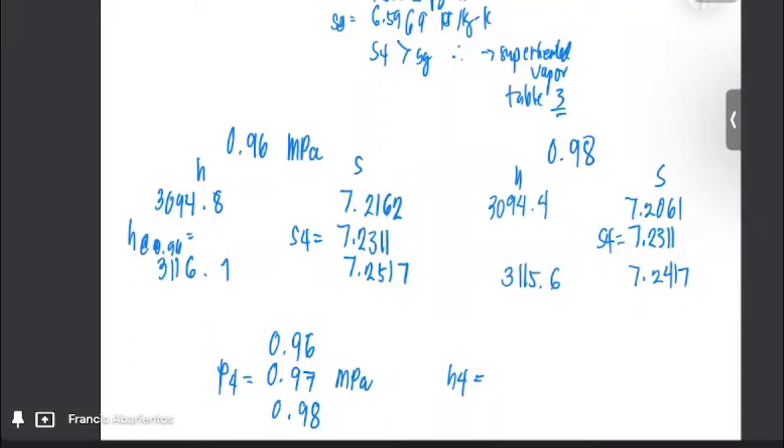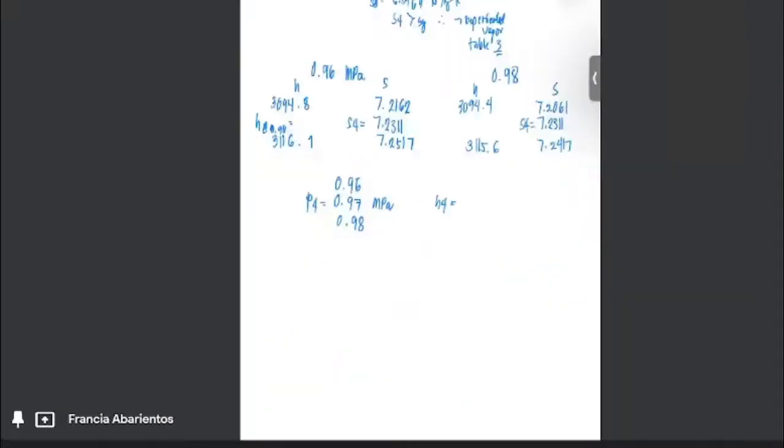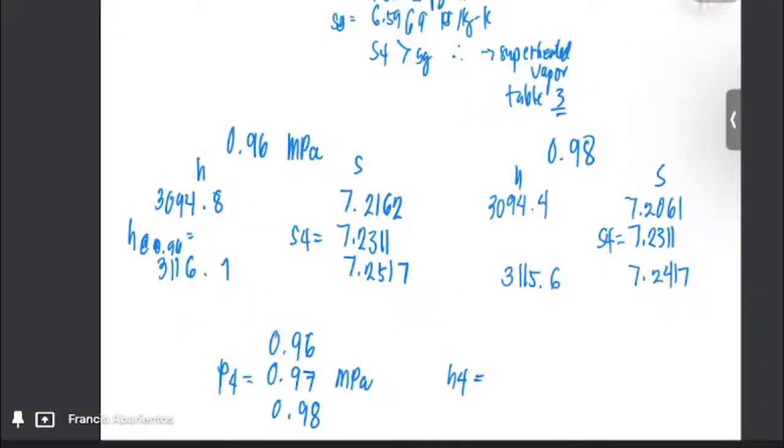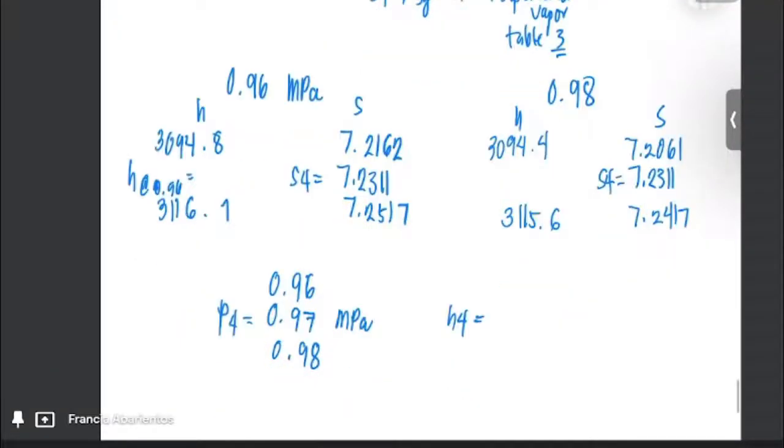So we make use now of the, okay. The H now is 0. Ayan.